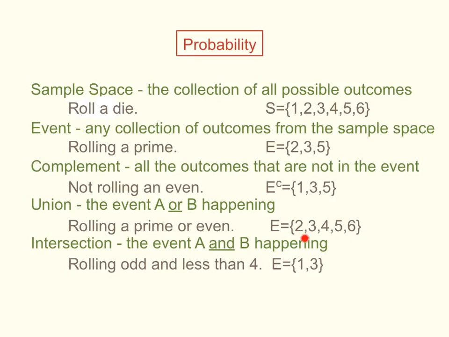And 2 is in both groups, the primes and the evens, but we only list it one time. So A or B are the primes and the evens all listed together.